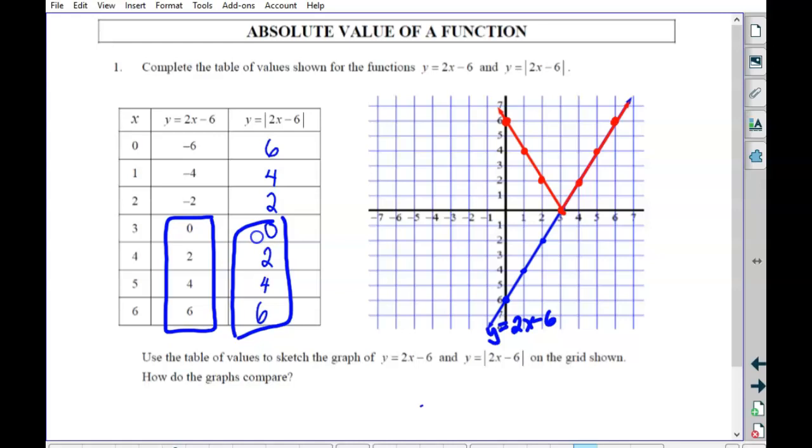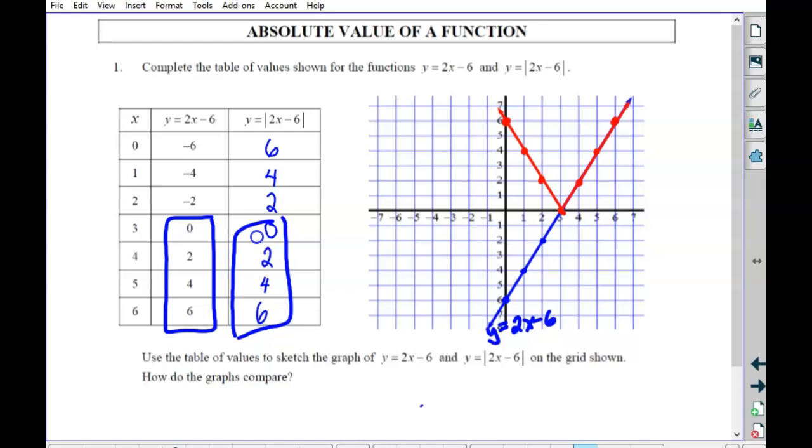When in your original function the y values were negative, they changed. We had to reflect them in the x-axis because they changed signs. So this negative 2 became positive 2. This negative 4 became positive 4. Negative 6 became positive 6. So anytime you're given a graph and asked to graph the absolute value of the function, all the parts that are on the x-axis or above don't change.